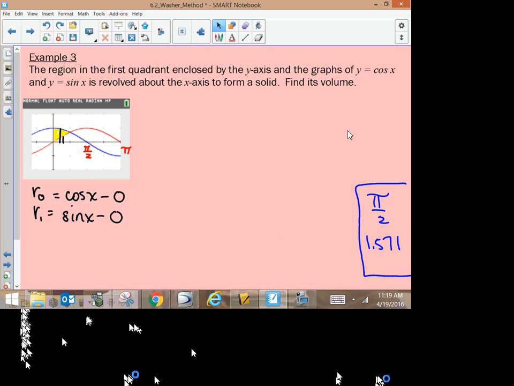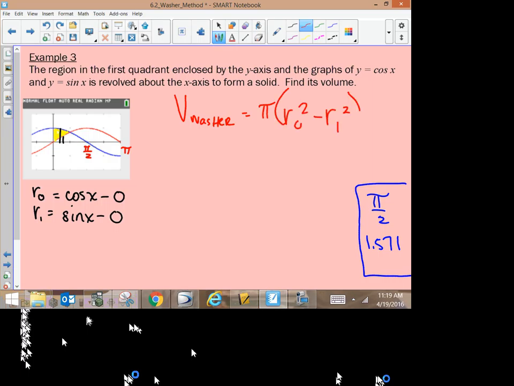So washer: R out squared minus R in squared, change in what? x. Good, because otherwise we would have to do an inverse cosine. I'm going to put in cosine x squared, because that's how I'm going to put it in my calculator anyway.